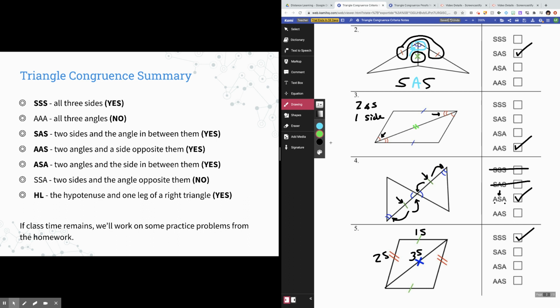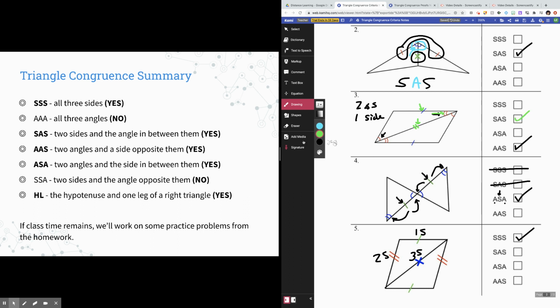Okay, so now I have a couple of different scenarios that work here. So if we include this side that is congruent to itself and take a look, I have a side, an angle, and a side. So two sides and an angle trapped between them.